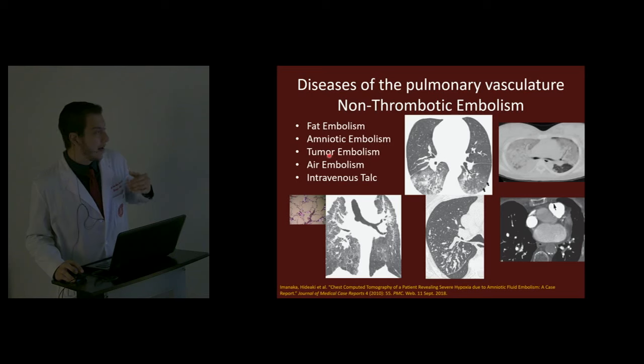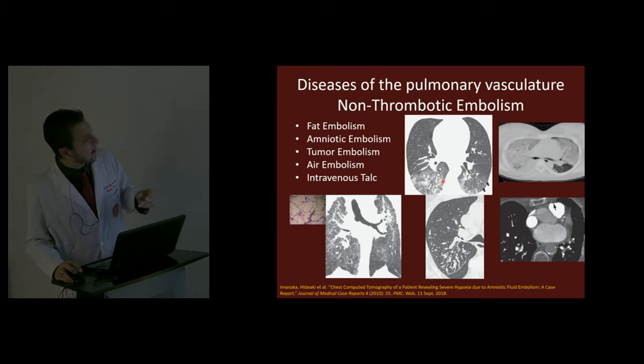There are a lot of causes of embolism, not just thrombotic, and they have some non-specific patterns. We have to understand the clinic to suggest this diagnosis. Like in this case, it was a fat embolism.